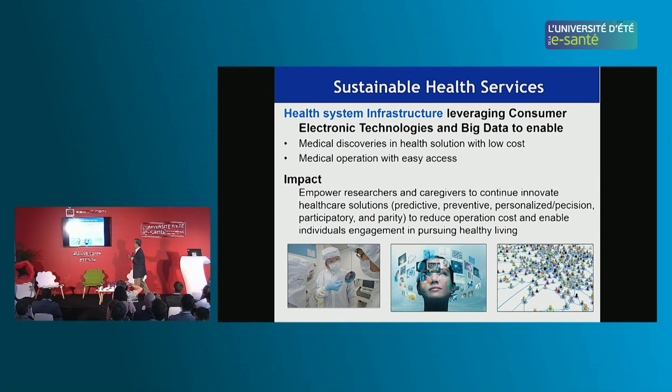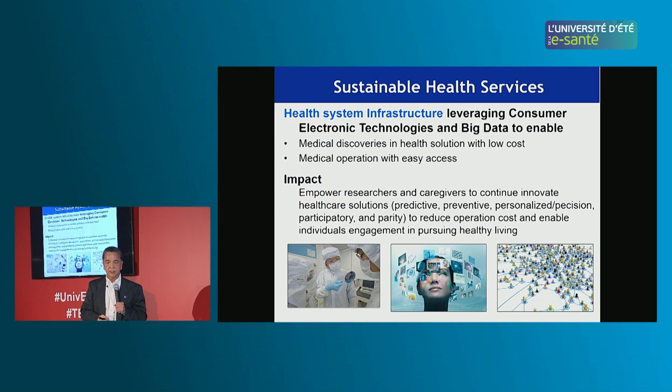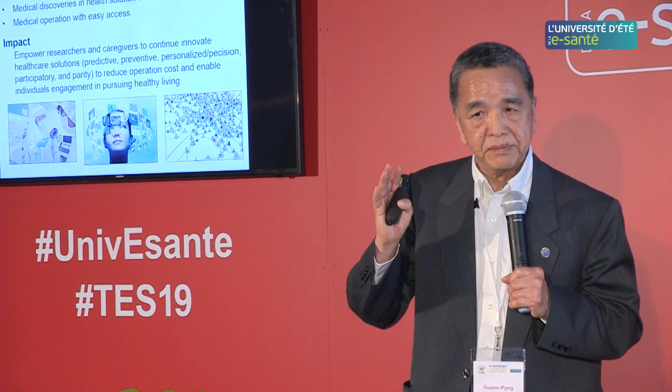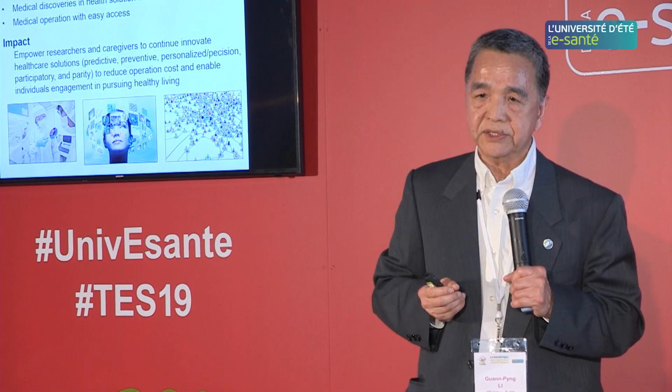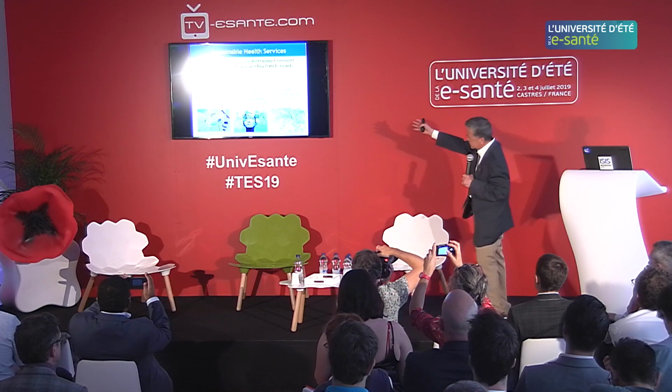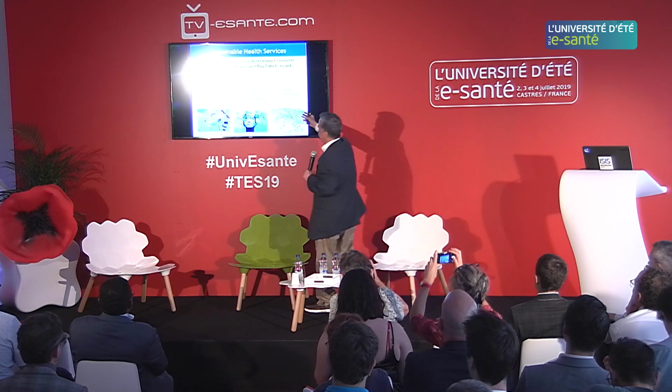The second thing is that the infrastructure needs to enable medical operations: how the physician, caregiver, and person have easy access to the data, to the information, not just information, the actionable intelligence, so we can act and be more efficient. So this is the requirement for such a system.